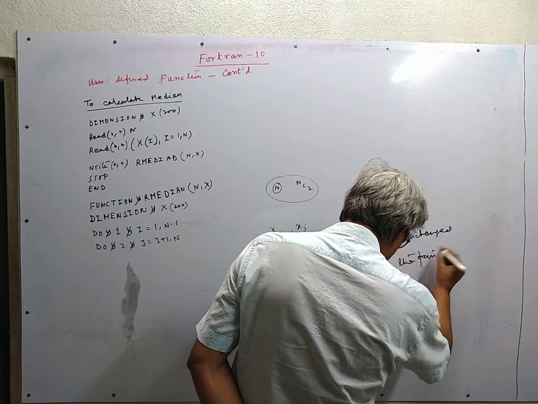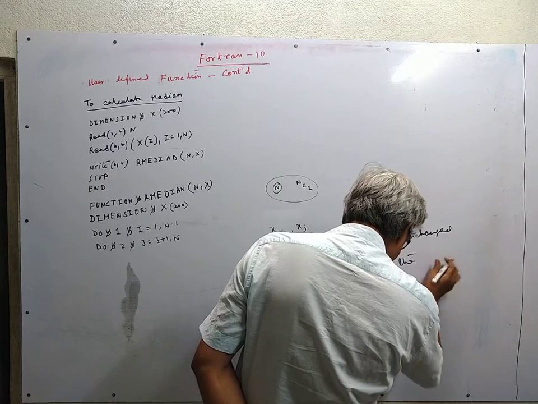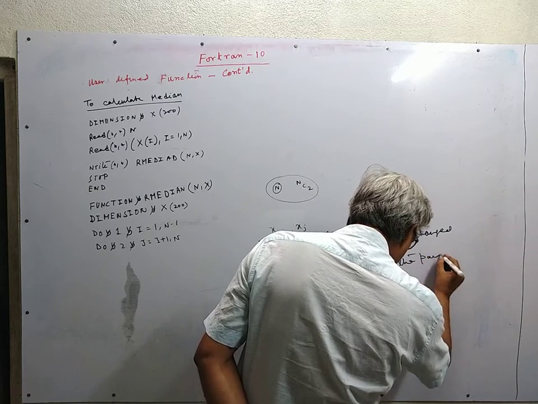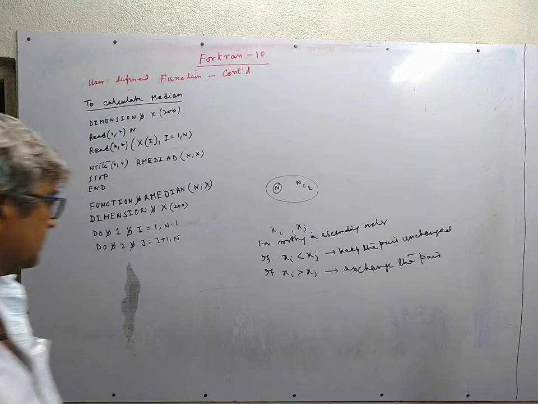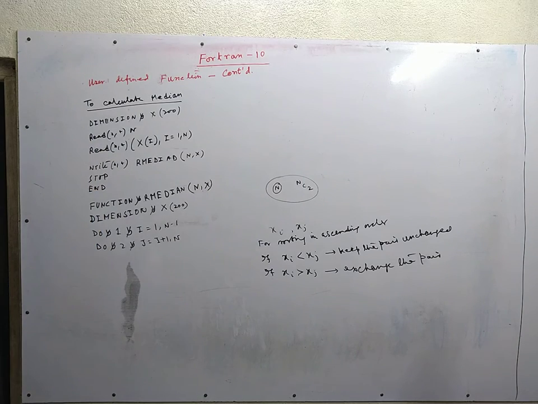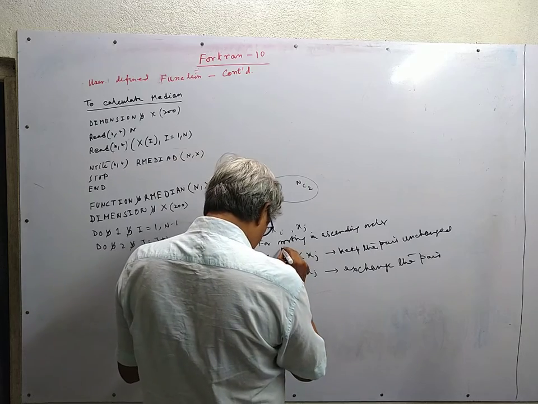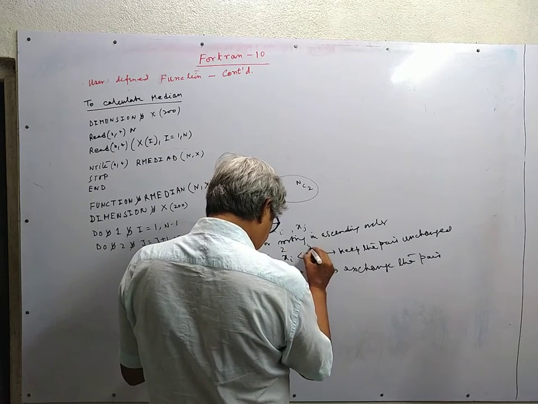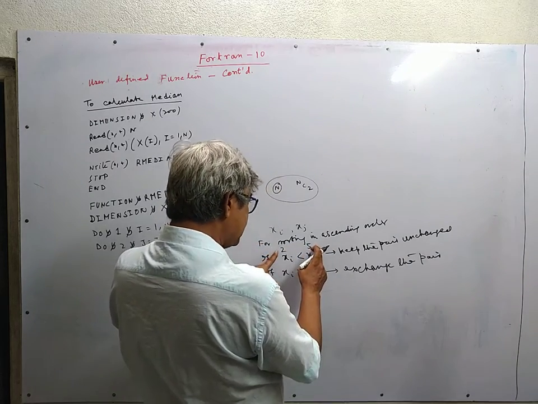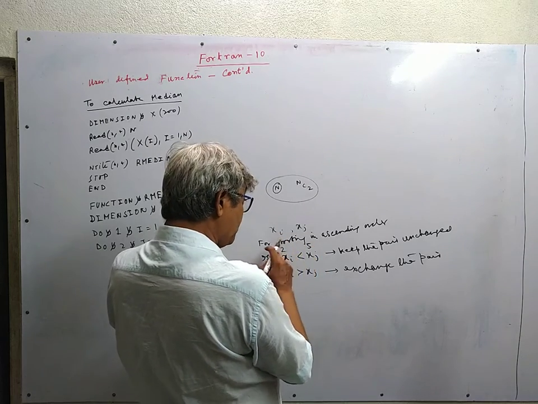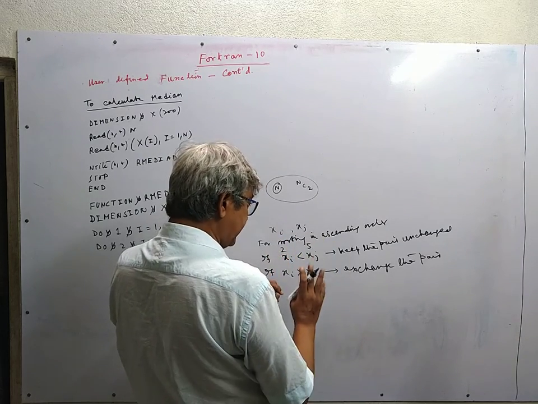This will sort the data. Say for example, xi is 2, xj is 5. Then this is already in order because we want to sort them in ascending order.